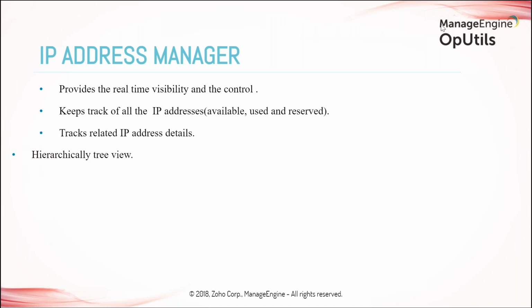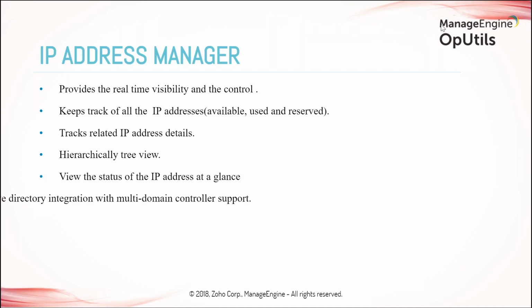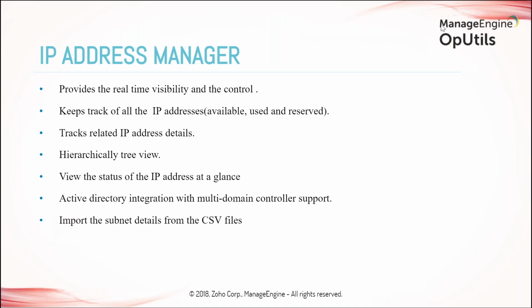We have a hierarchy tree view to show the subnet-based view and view the status of the IP addresses at a glance, and Active Directory integration with multiple domain controller support, so it's easy to understand whether the IP address or the user is a trusted user or non-trusted user, and also to import the subnet details from CSV files.